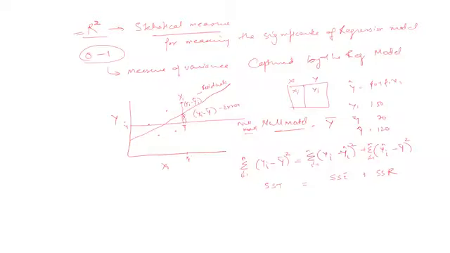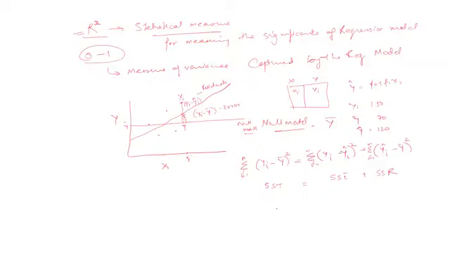If your regression line is better, this line would be closer to the points, so this has to be low. If your regression line is a line of good fit, then the difference between your actual values and the predicted values would be less, and this would be more. If this is high and this is low, then your model is a better model.